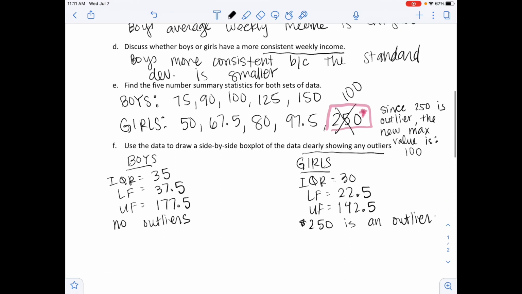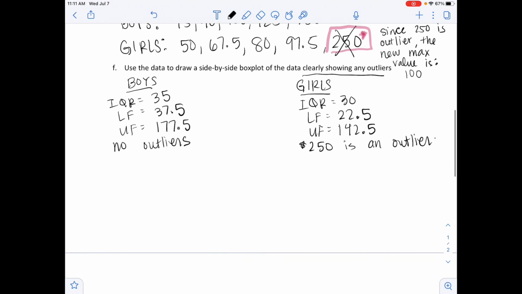So from here, we need to do our side-by-side box plots. So I'm going to go ahead and draw an axis down here, and the axis will be for weekly income. The smallest value that we have would be our lower fence, which was 22.5, and our largest value would be that 250.